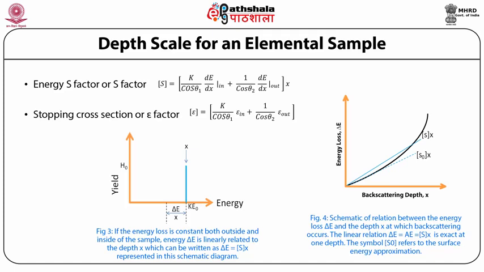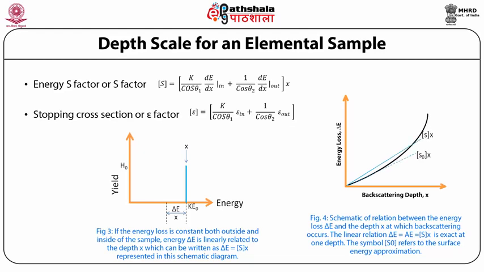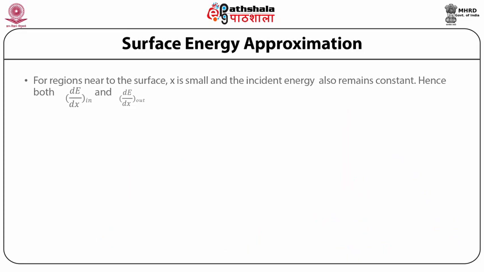Figure 4 is the schematic relation between the energy loss ΔE and the depth x at which backscattering occurs, and the relation ΔE = S times x is exact at one depth. The symbol S0 refers to the surface energy approximation, the approximation to S and epsilon.